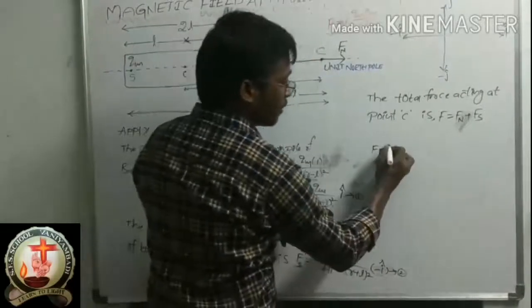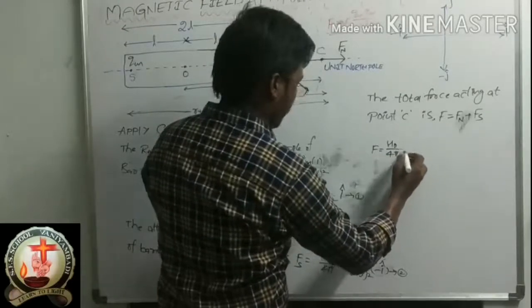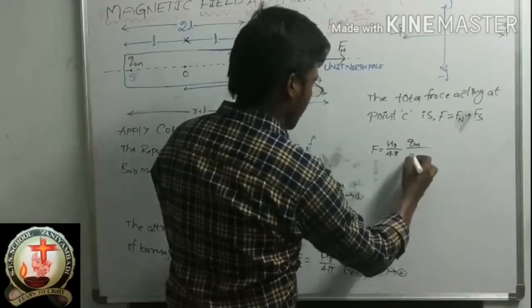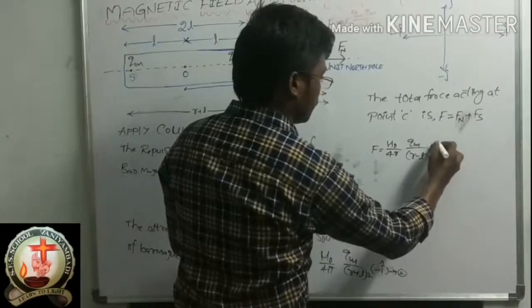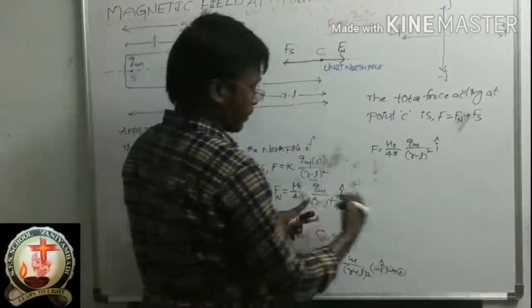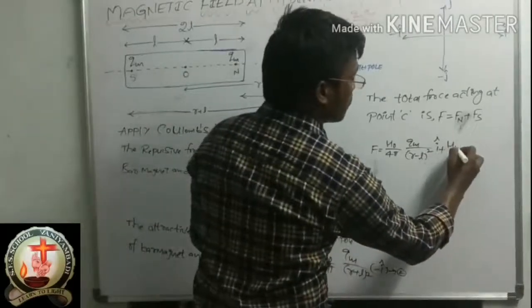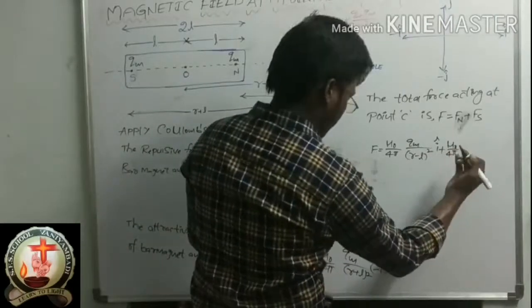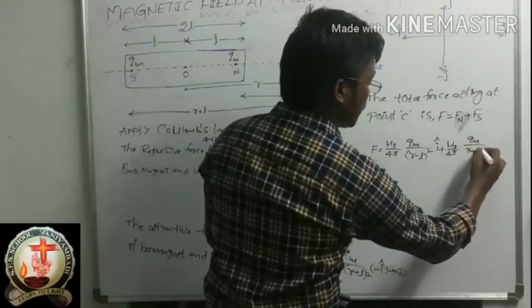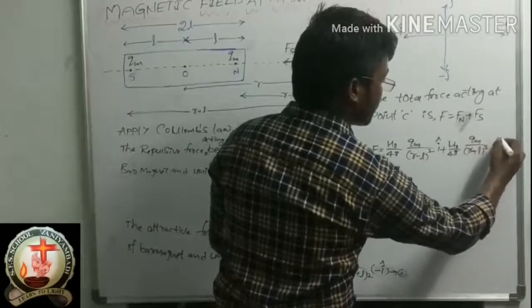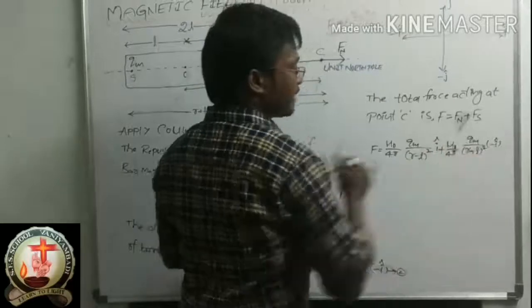This one, mu naught by 4 pi Qm by r minus l whole square into I cap, plus this value, mu naught by 4 pi Qm by r plus l whole square into minus I cap. This is the Fn value and this is the Fs value.